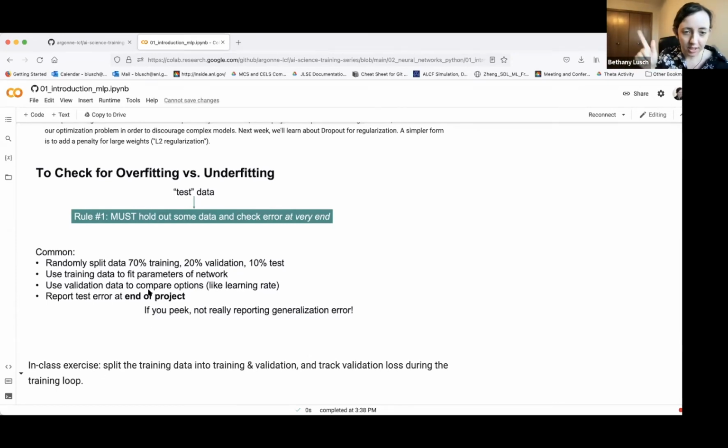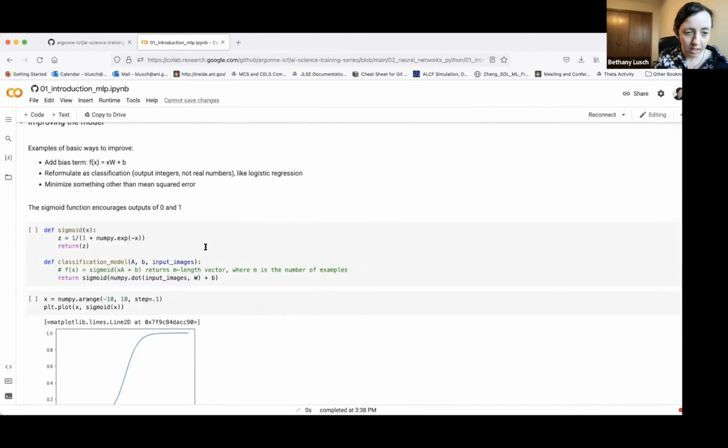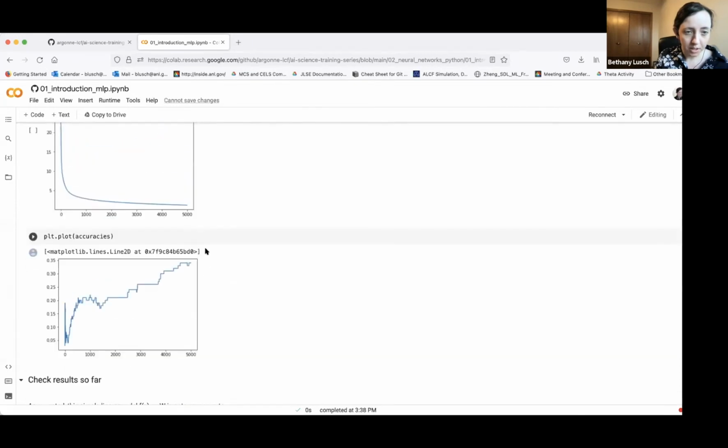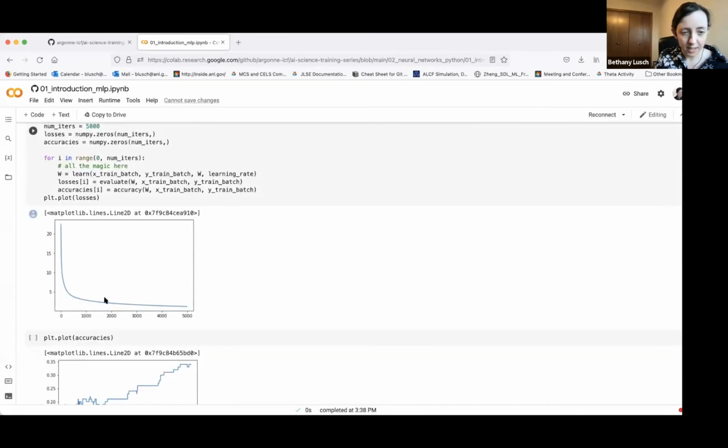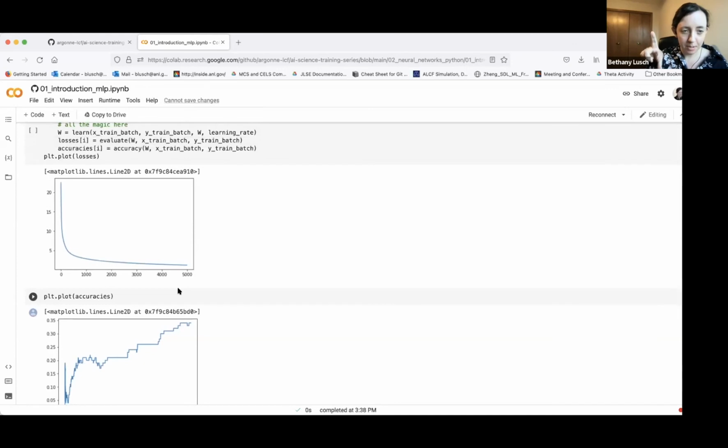Then change our training loop so that it's only fitting on the new training set. You can also track the validation loss during the training loop, so we can plot both training and validation loss here. You could plot both training and validation accuracy, and we can see if there's a gap. If there's a gap, then maybe we're overfitting the training data.